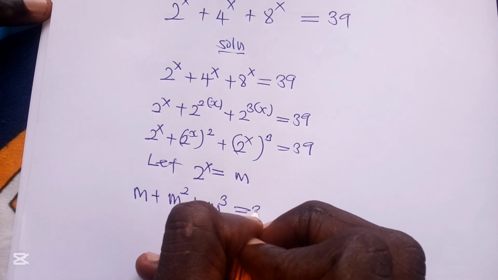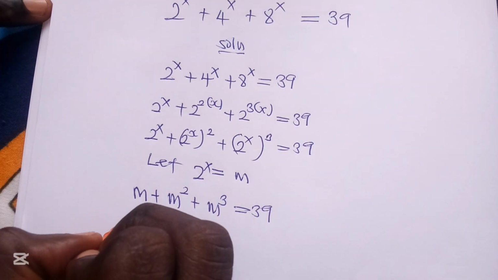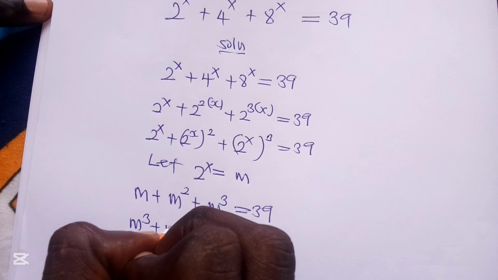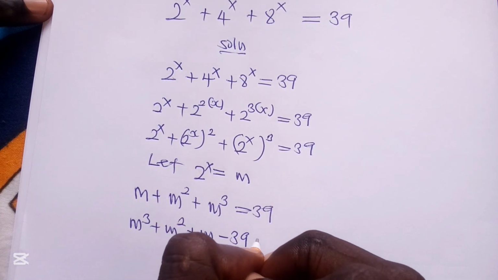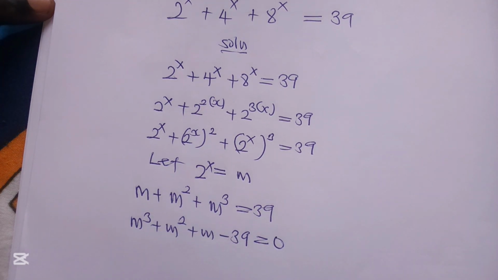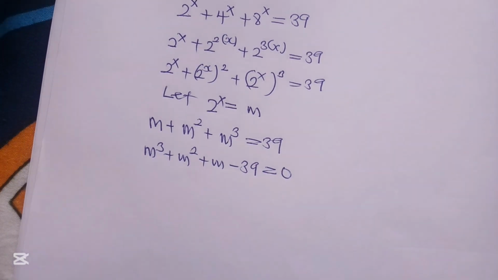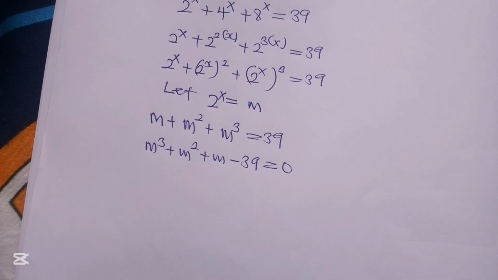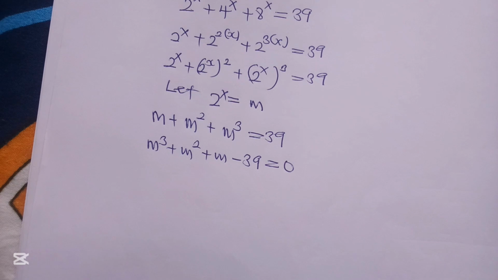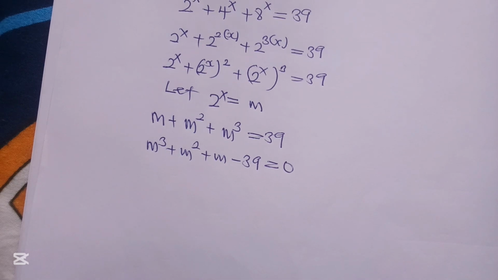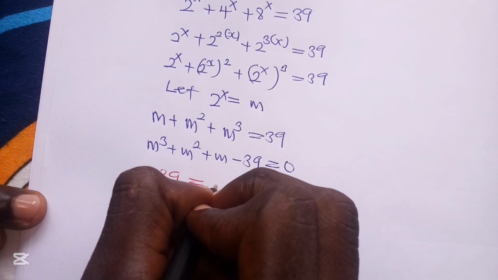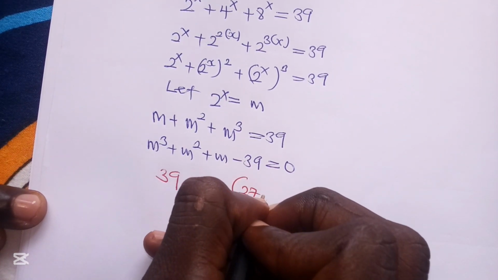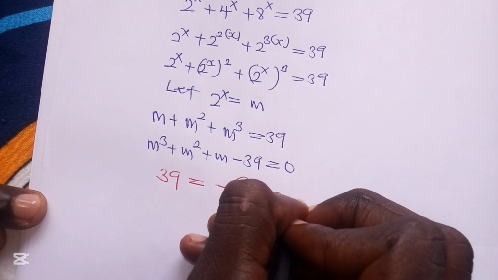Then everything becomes 39. Therefore, we can say m raised to the power 3 plus m squared plus m, and when 39 moves over, we have minus 39, then everything becomes 0. Now this is a polynomial equation, but we can also express 39 as 27 plus 9 plus 3.